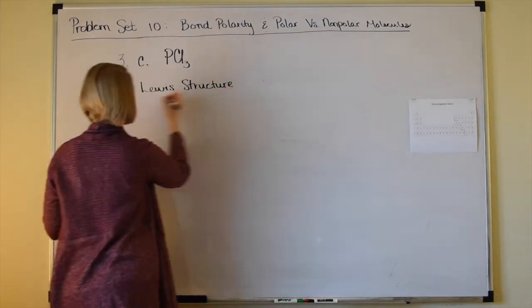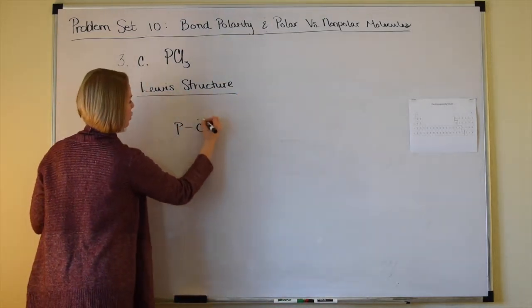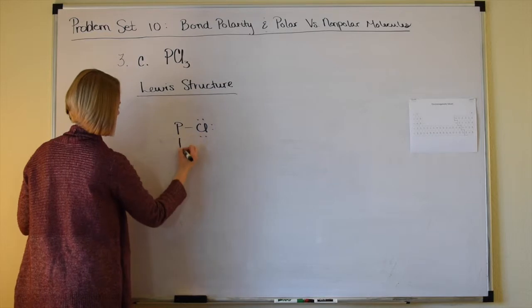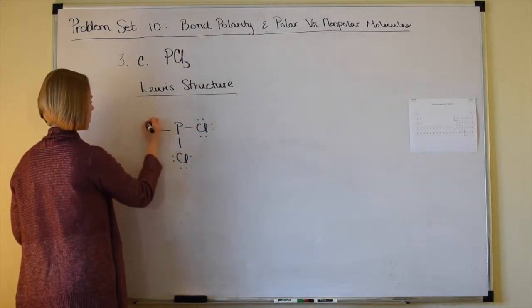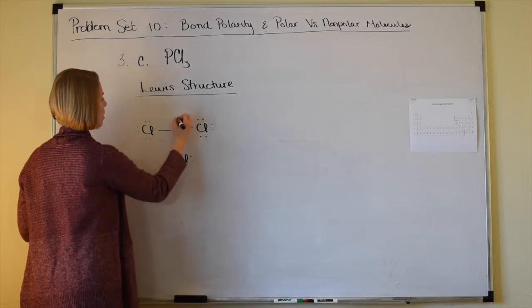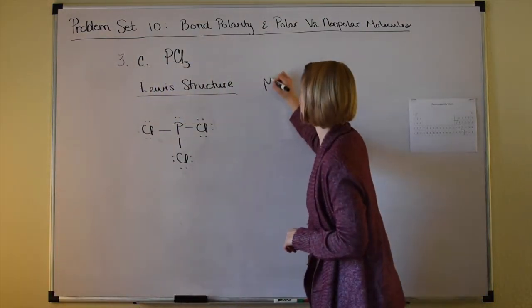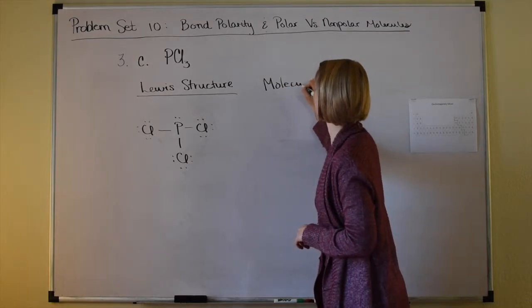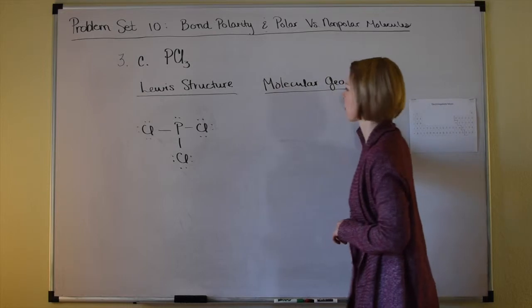But if you need practice with that, do go through those 5 rules to get your drawing. Okay, so we're going to have a lone pair there. And then the molecular geometry.